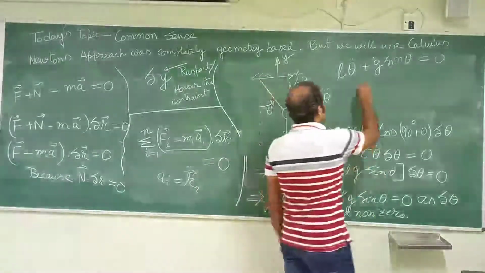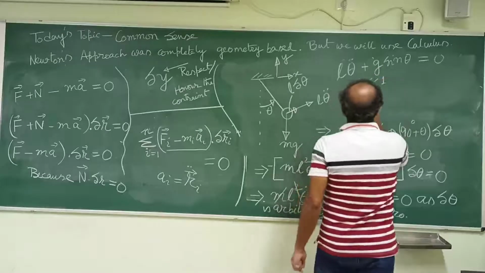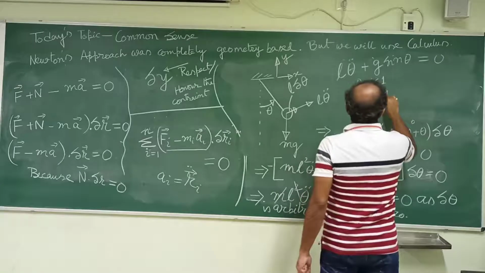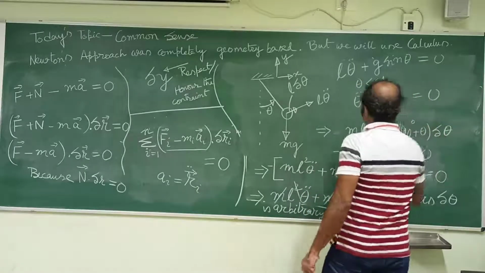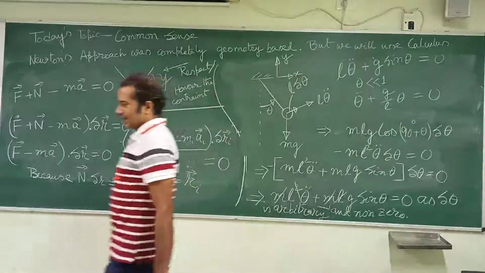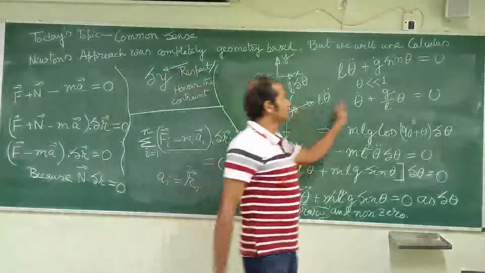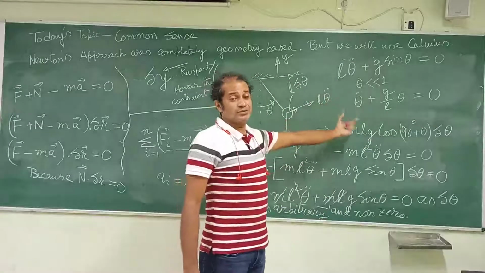Now if theta is small, then you know that you can write it as theta double dot plus g by L theta equal to 0. From there we are going to get an oscillating motion, and that is isochronous.